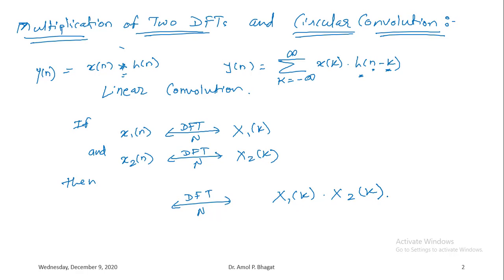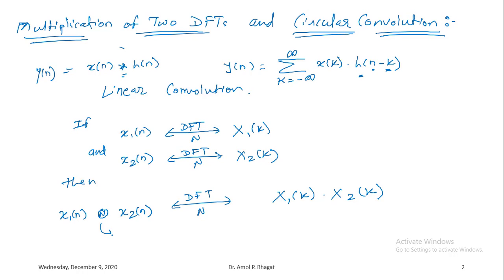So this multiplication of these two DFTs in the frequency domain corresponds to the circular convolution of these discrete time signals in the time domain. This circular convolution is simply denoted as x1 of n circularly convolved with x2 of n. So this circle inside, with capital N, is there, right?